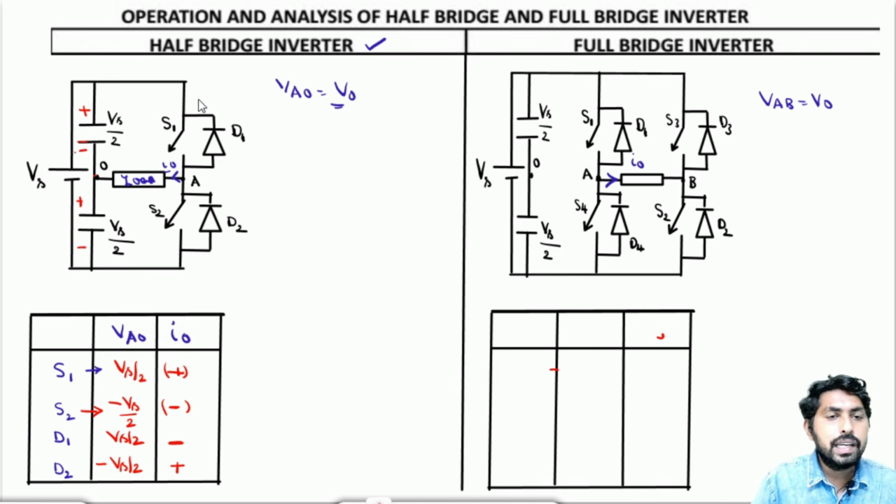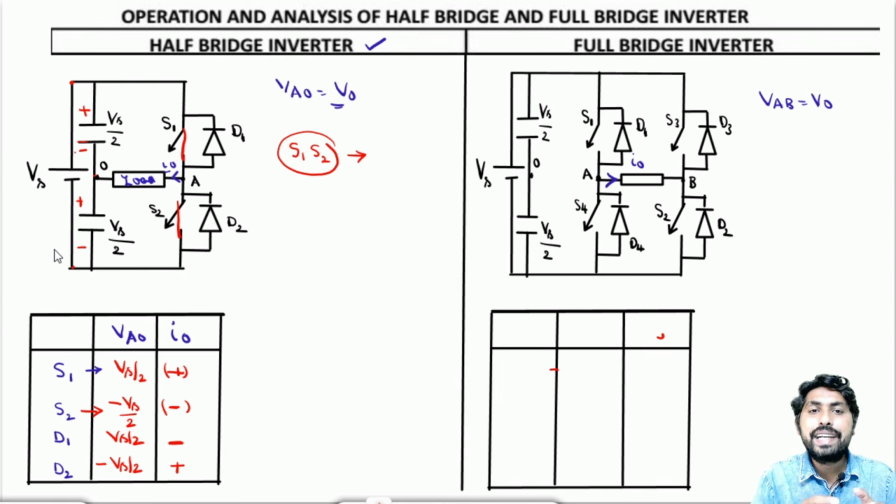What happens if I close the S1 and S2? It is parallel to the load, so it will short circuit the load, and it can damage the source as well as the switches. So it is not a possible condition.